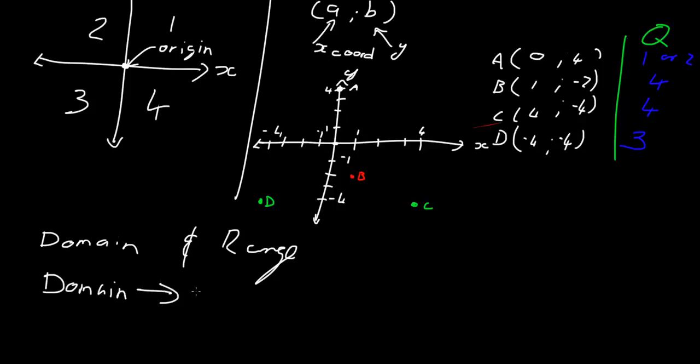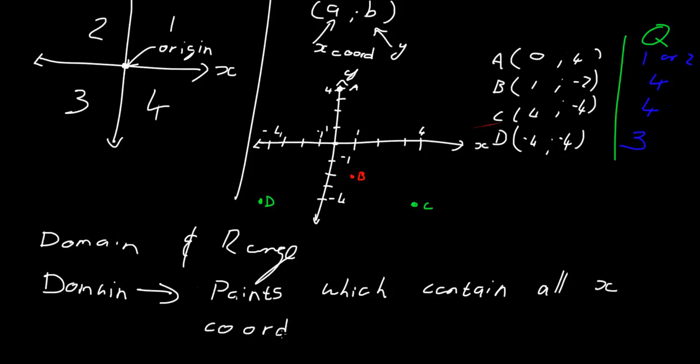This is the points which contain all x coordinates of the ordered pair.